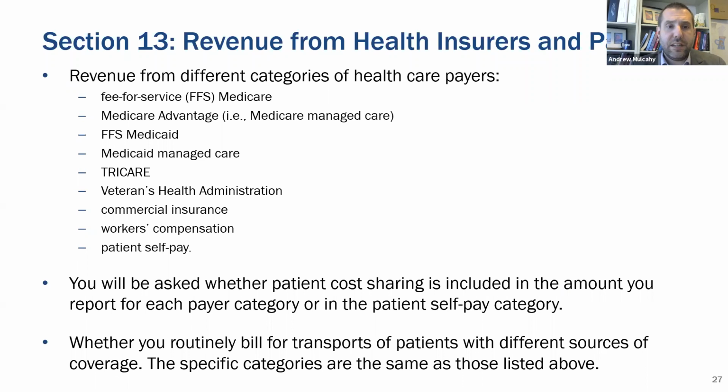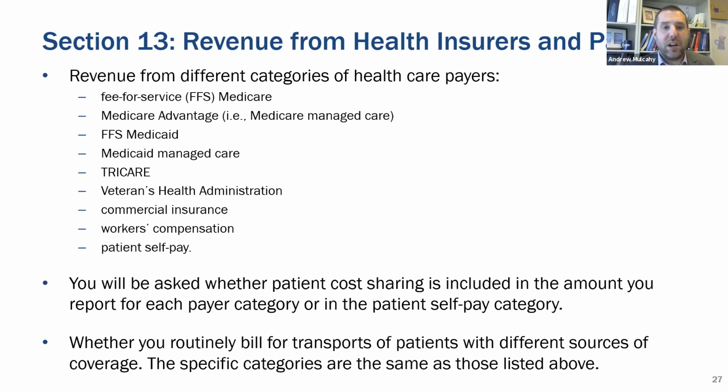Many billing organizations will already break out revenue from different kinds of payers. I will point out that there are some questions about separating between Medicare and Medicaid, different flavors. So fee-for-service flavor versus managed care flavors. And for some organizations, that can require some back and forth with their billing organization.